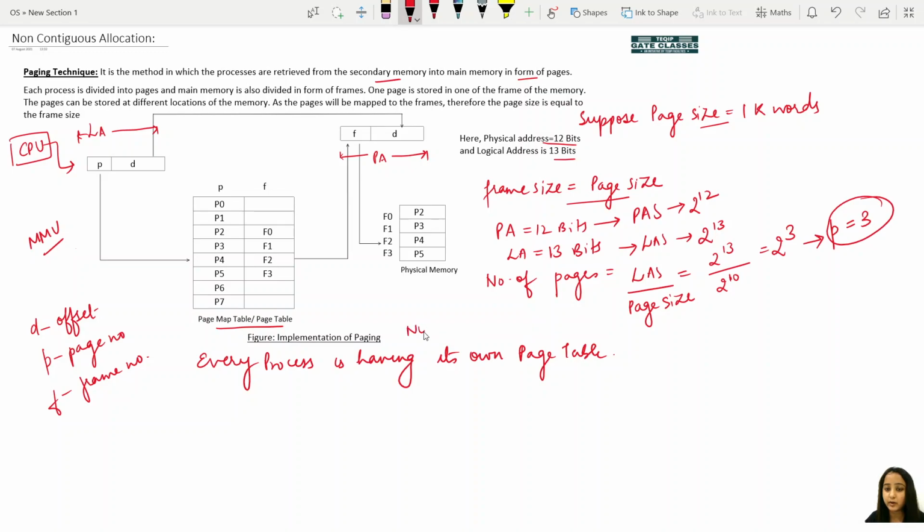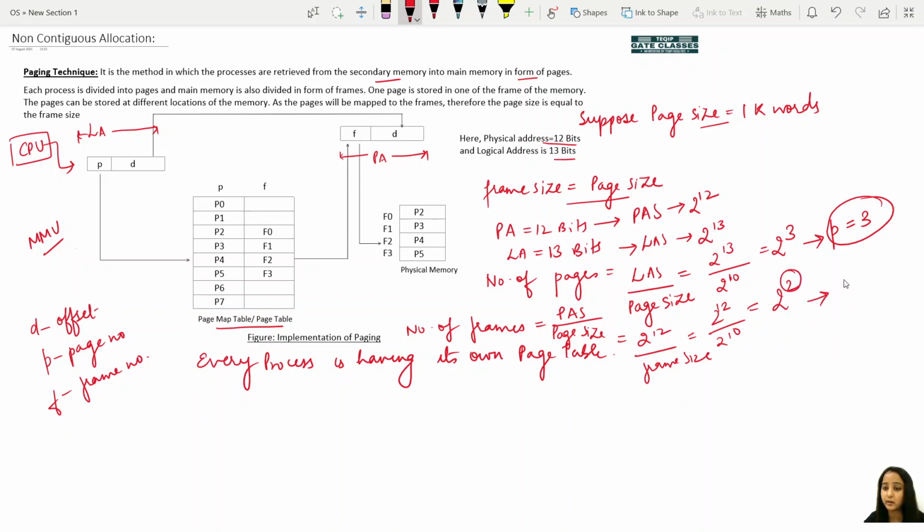How to find the number of frames here? Number of frames equals physical address space divided by page size. What is the PAS here? It is 2 raised to power 12 divided by frame size. I told you that page size equals frame size. So it will be 2 raised to power 12 divided by 2 raised to power 10, which is 2 raised to power 2.